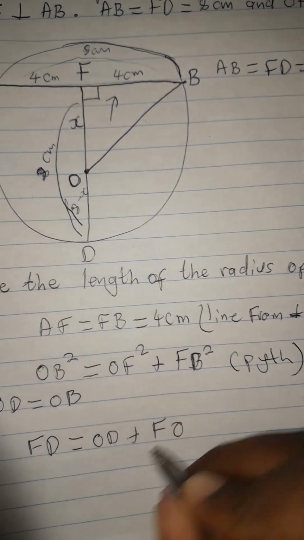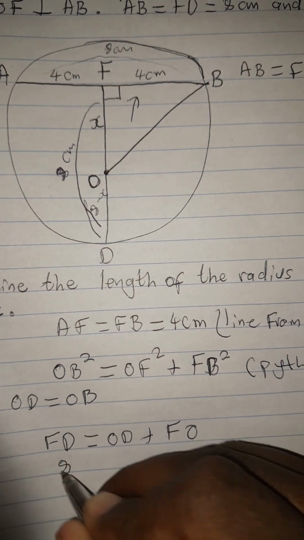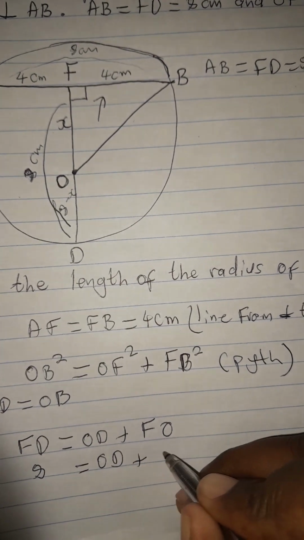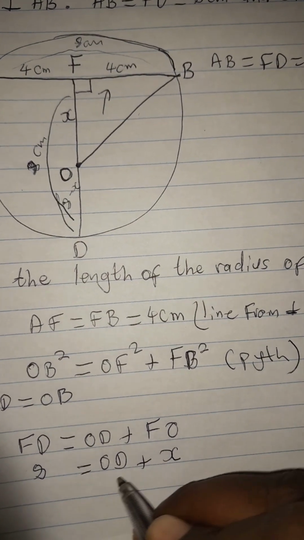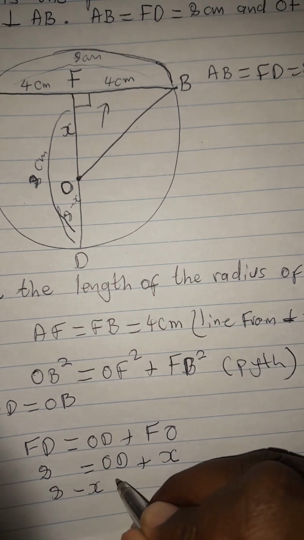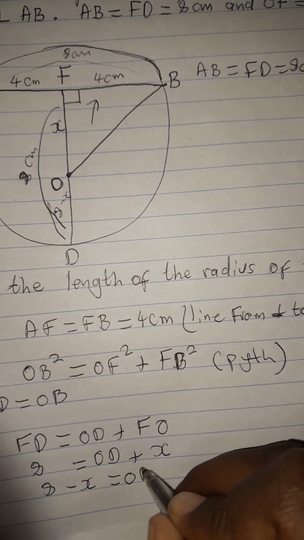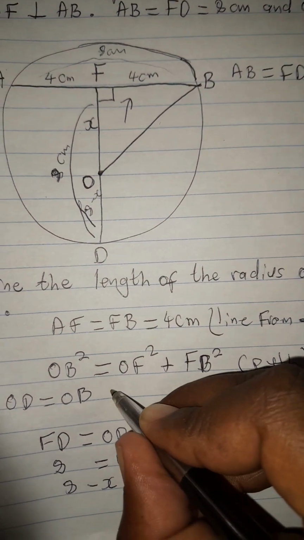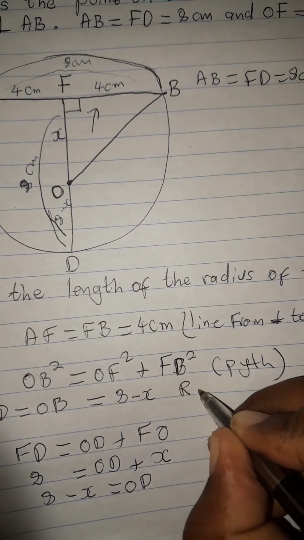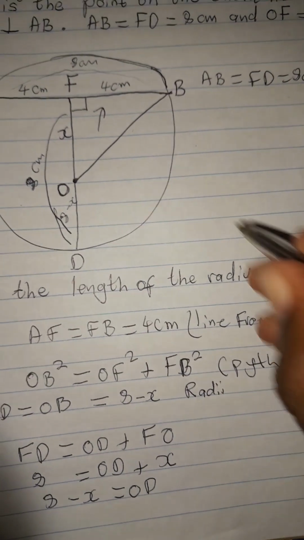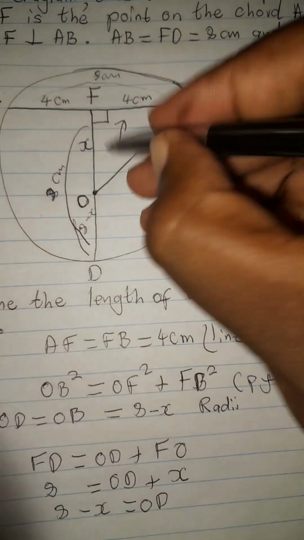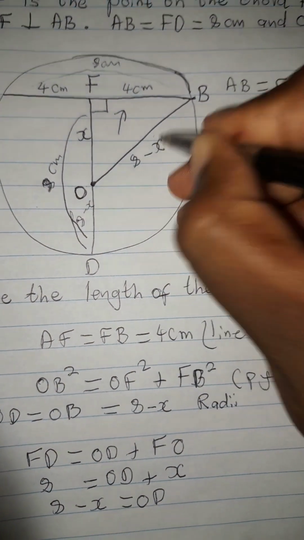We are given that FD is 8 and OD is unknown, but OF is x. Then you can transpose x to the other side and it becomes negative. So OD is 8 minus x. So OD and OB are equal to 8 minus x, reason: they are equal radii.